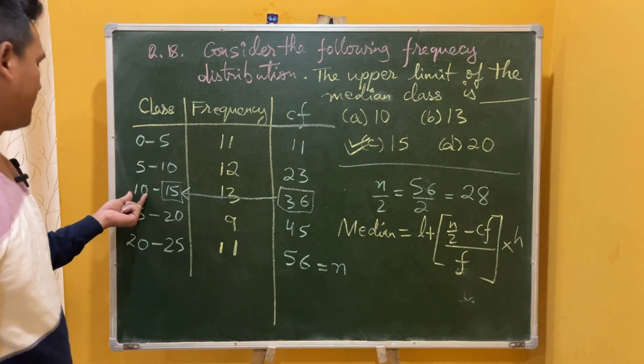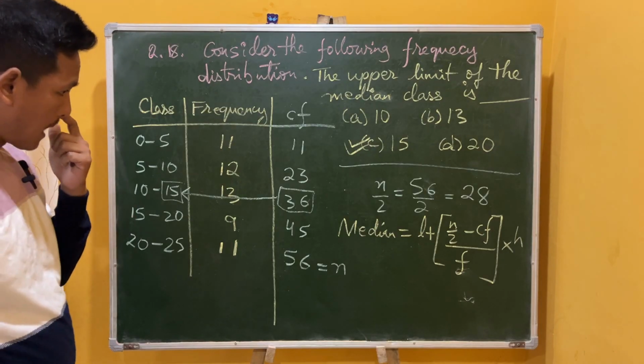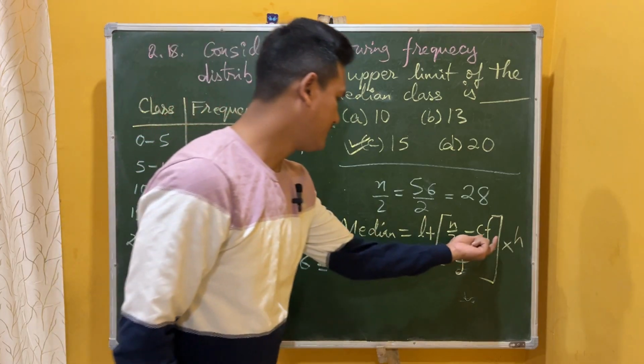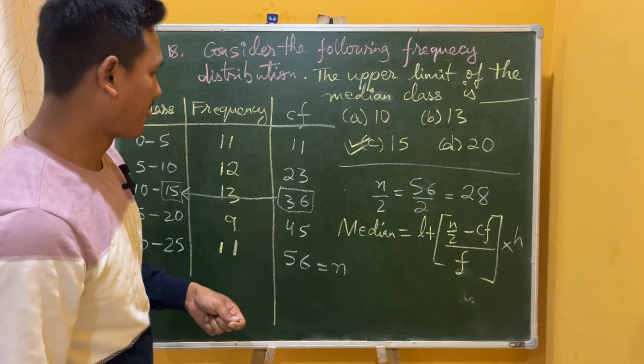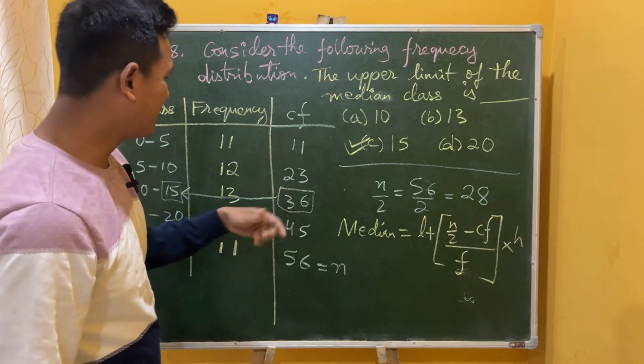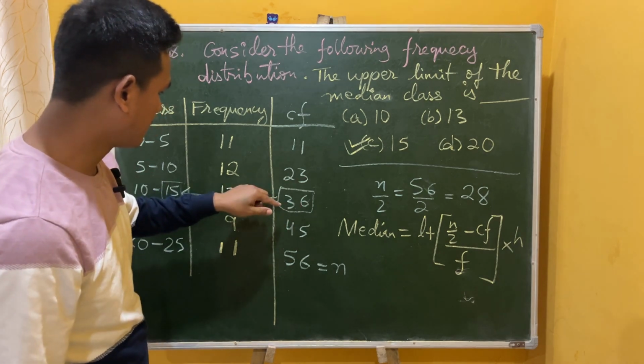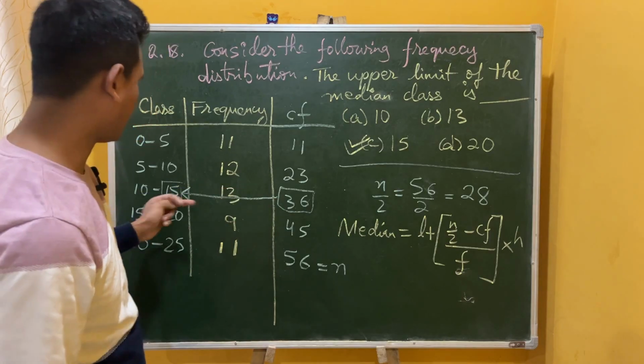L is the lower limit of the median class, and n by 2 in this case is 28. Cf is the cumulative frequency of the preceding class of the median class, meaning the class that comes before the median class.